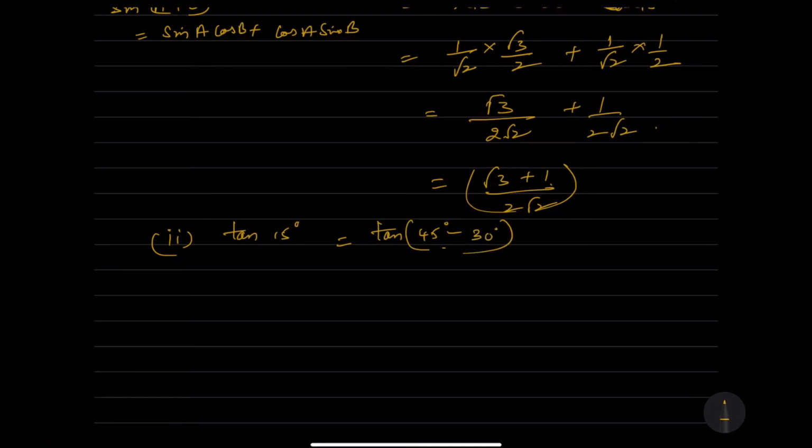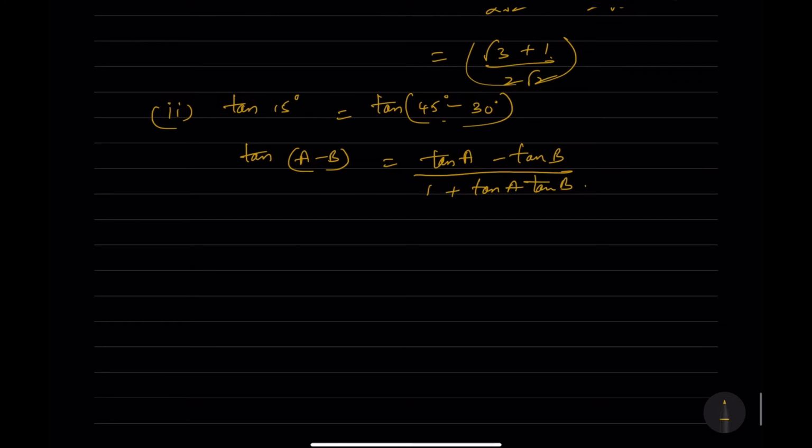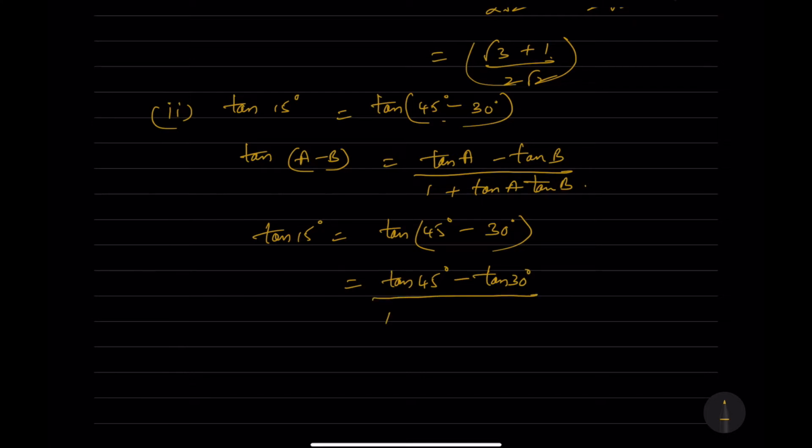So here you have to use the tan A minus B formula, which is equal to tan A minus tan B divided by 1 plus tan A into tan B. So tan(45 minus 30) is equal to tan 45 minus tan 30 divided by 1 plus tan 45 into tan 30.